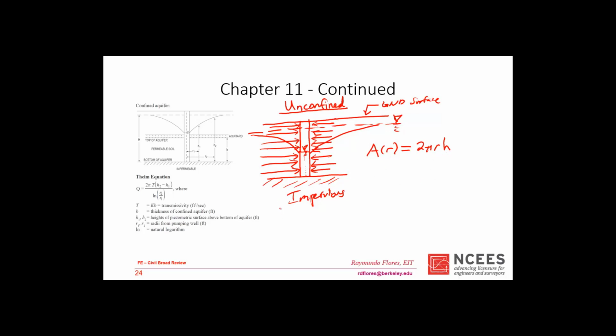But for the confined case, we expect the flow to only be below the solid that's confining it. So this is the ground surface, and this is impervious soil.